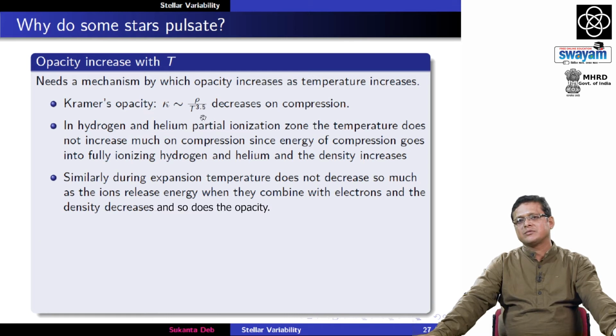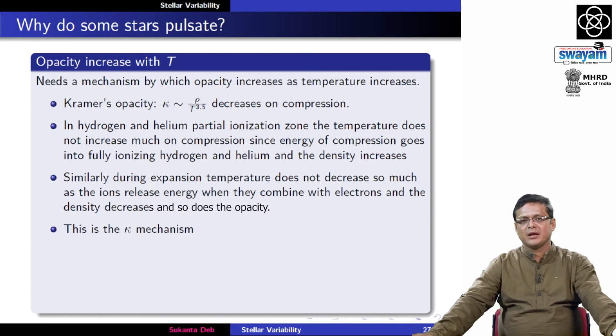So, there is very little change in temperature, but the density increases, and that increases the opacity. Similarly, during expansion, the temperature does not decrease so much, as the ions release energy when they combine with the electrons, and the density decreases, and so does the opacity. This is known as the kappa mechanism.